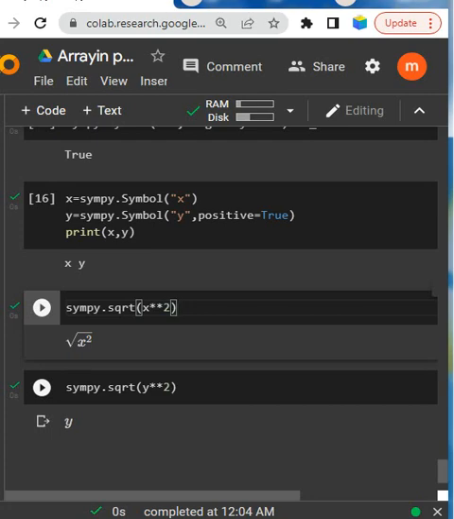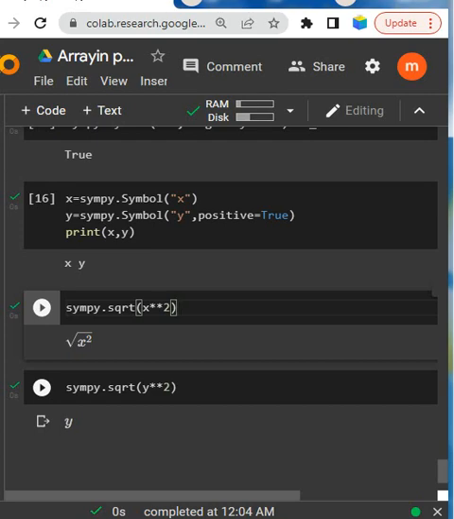So here we have created two symbols, one is x, another is y, and computed the square root of the square of the symbols using the sympy function sympy.sqrt. For the plain symbol, no simplifications can be done.